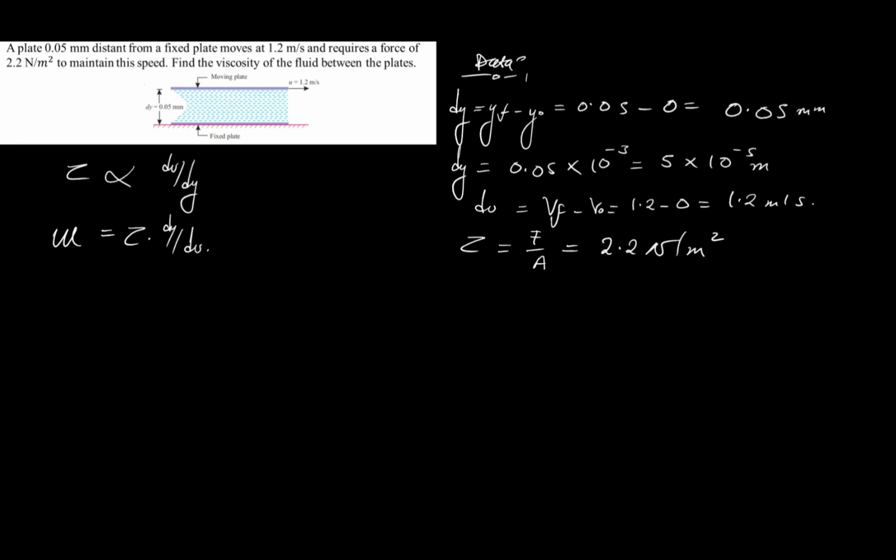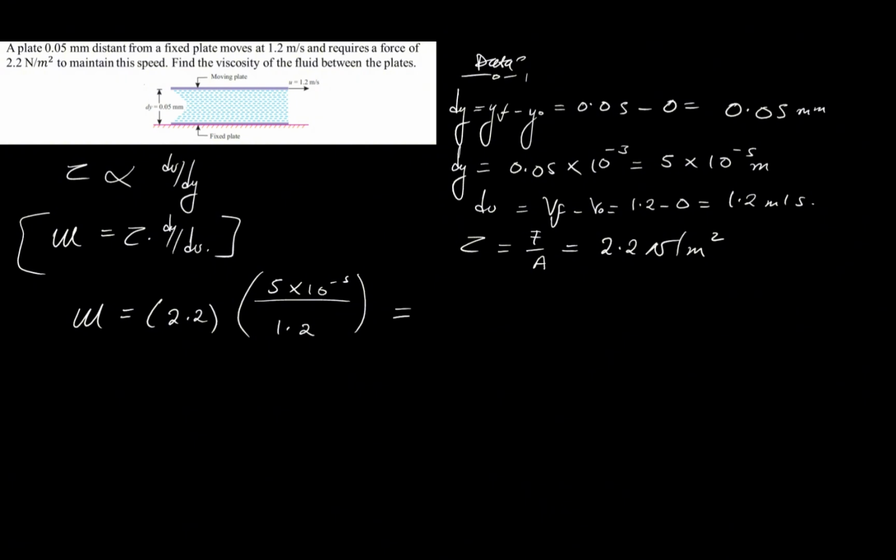Having these values, all we have to do is to plug and chug in the formula that we have here. So the viscosity is equal to the shear stress that we have as 2.2 multiplied by dy, which is 5 times 10 to the minus 5, divided by du, which is 1.2.